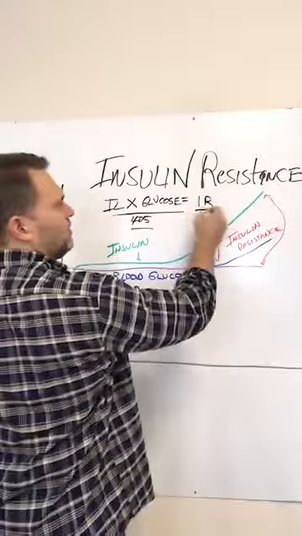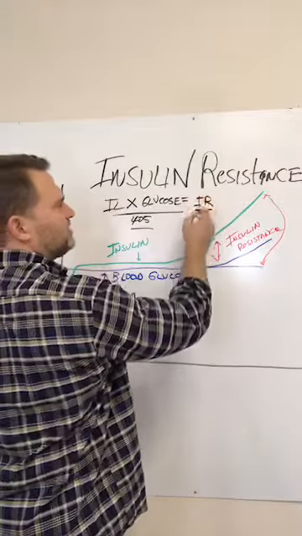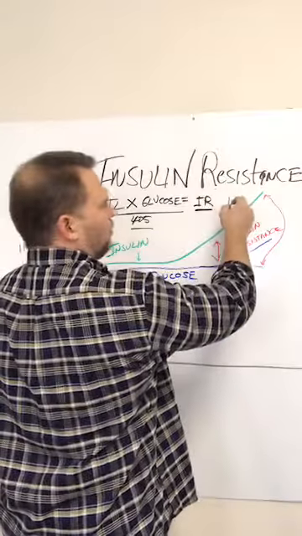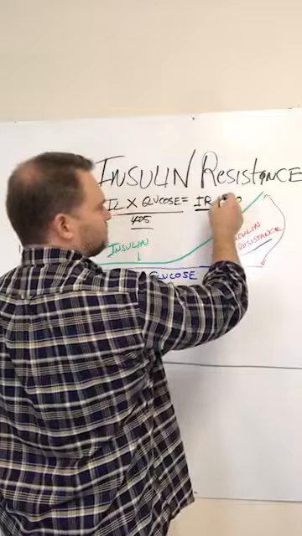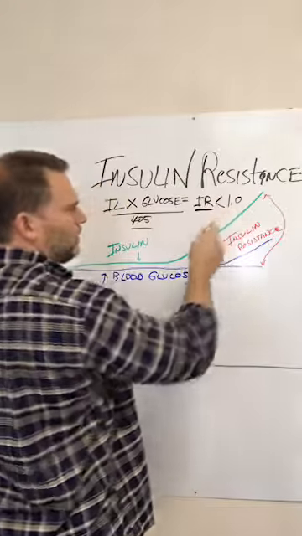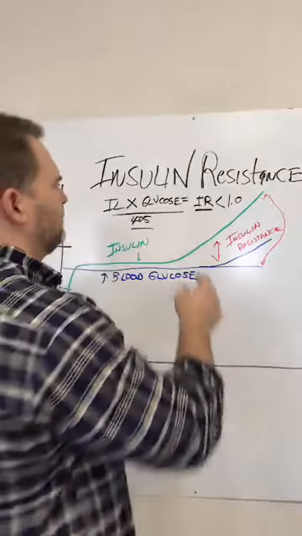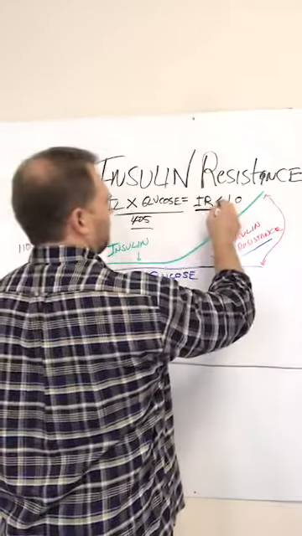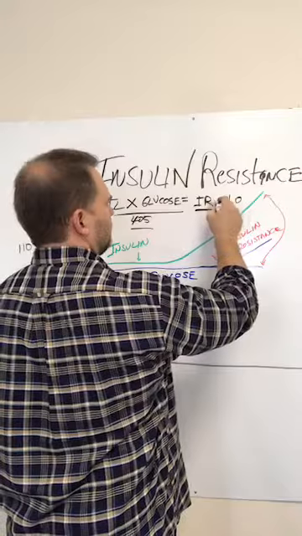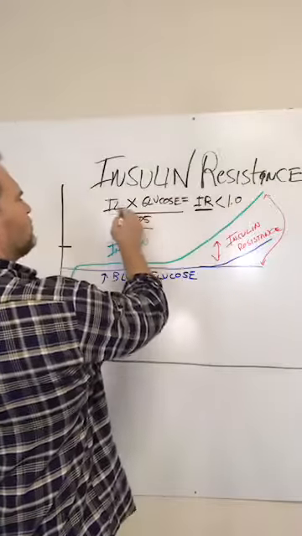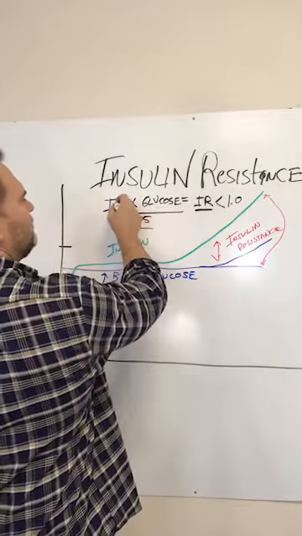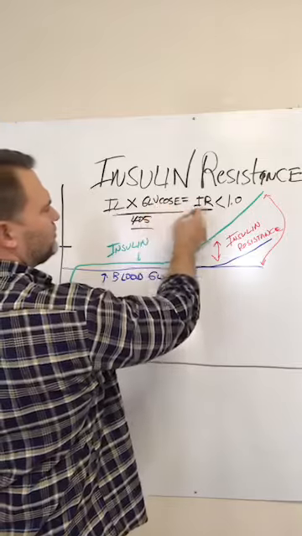But we want this insulin resistance to be 1 or less. Okay? I'll do it the right way: 1 is greater than insulin resistance. So this is what we want. Insulin level times glucose equals insulin resistance.